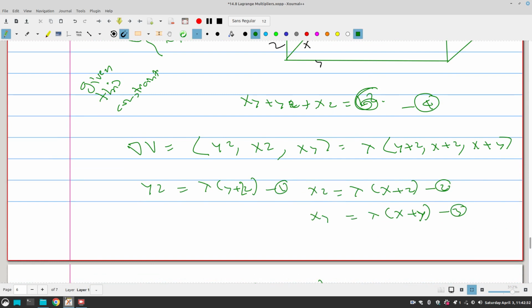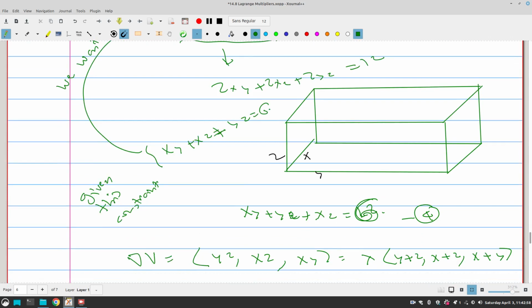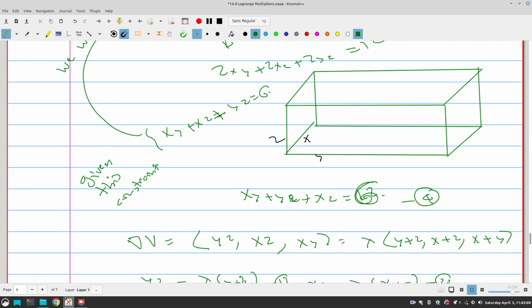Just a moment. Oh, sorry. The constraint in the book's example is not 2xy plus 2yz plus 2y.